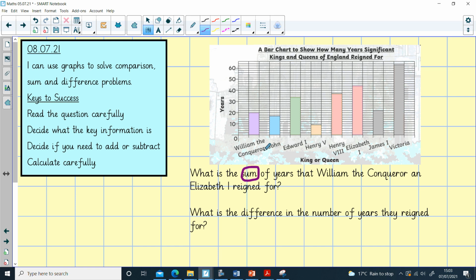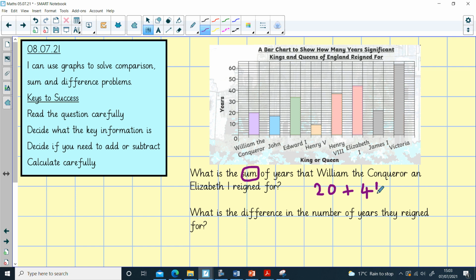If I look at William the Conqueror, he was 20 years, and Elizabeth I was, so the increments at the side are going up in 2s, so I think Elizabeth I was 44 years.